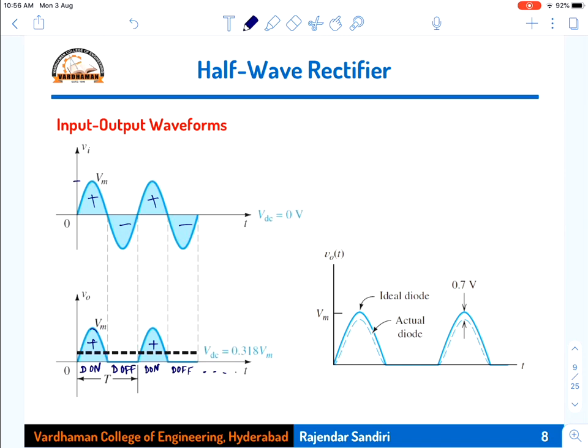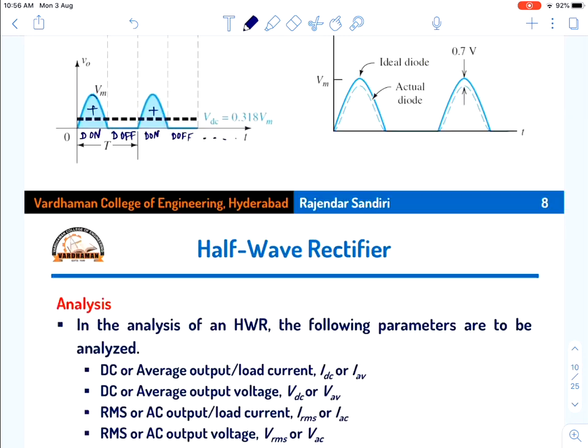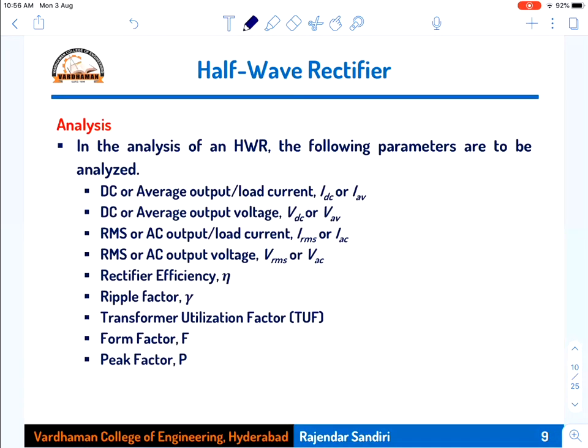So this is about the input and output waveforms of the half wave rectifier. Next, we'll do the analysis. Now that you know the circuit diagram, the input and output waveforms, how the diode is conducting and when it is conducting, note that the purpose of this half wave rectifier is to convert AC to pulsating DC.